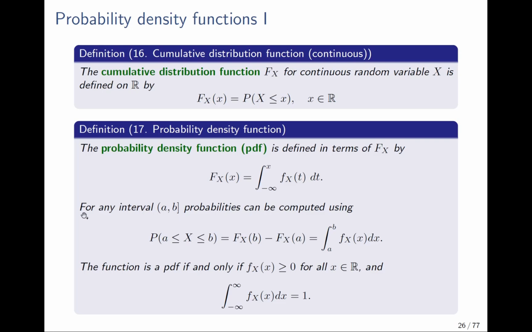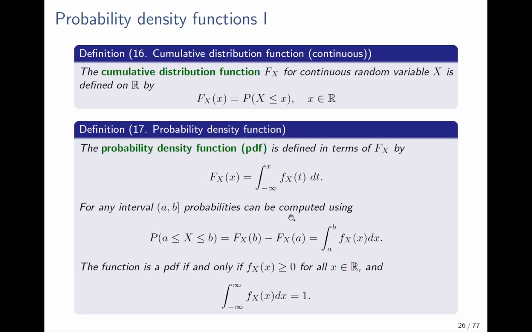And we can use that definition to then say, okay, for any interval AB, probabilities can be computed for a continuous random variable using this expression. So the probability that the random variable x takes a value a less than or equal to x less than or equal to b, so within this range, is equal to the difference of the CDF at those two particular values, which by the rules of calculus is equal to the integral between a and b of the probability density function.